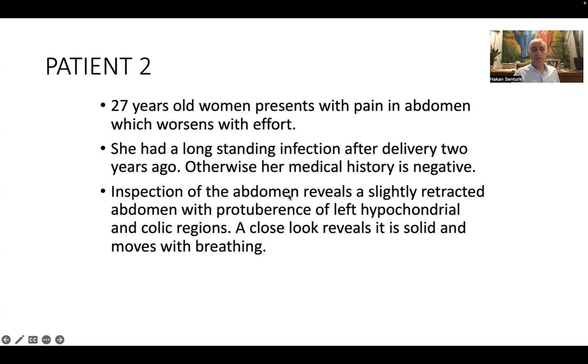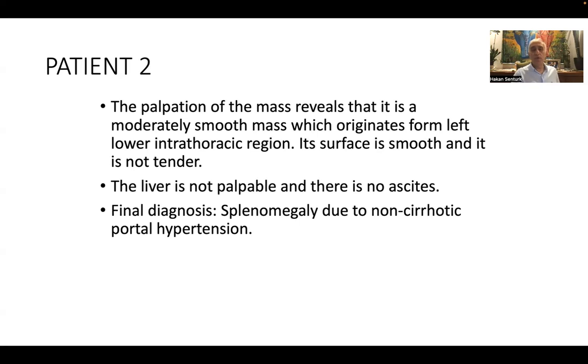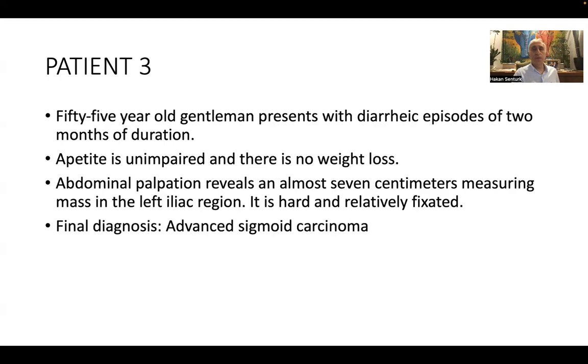In this patient, you remember in the history, there is an infection after delivery. So in this case, probably after delivery due to infection, thrombosis of the portal vein developed, and it caused splenomegaly and esophageal varices. This is called non-cirrhotic portal hypertension.